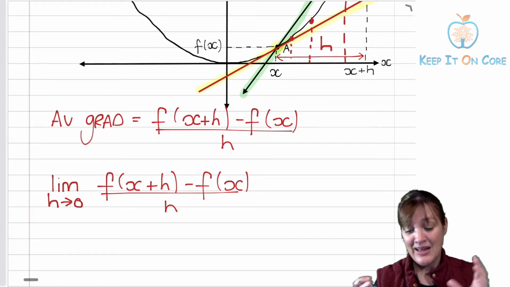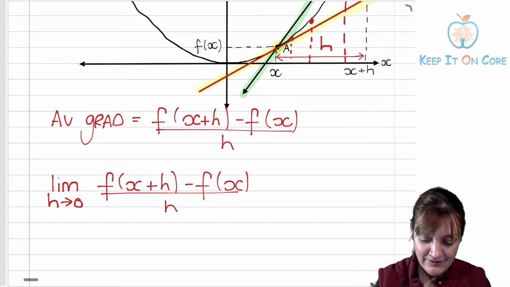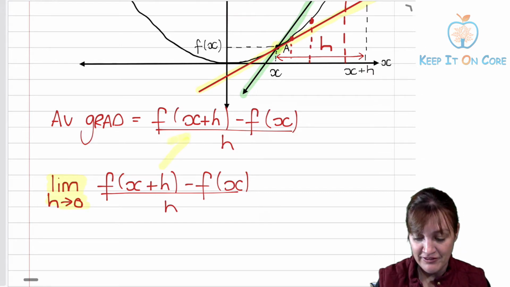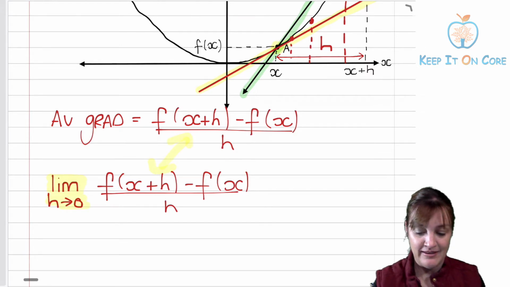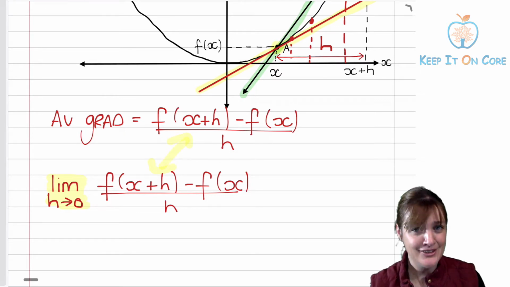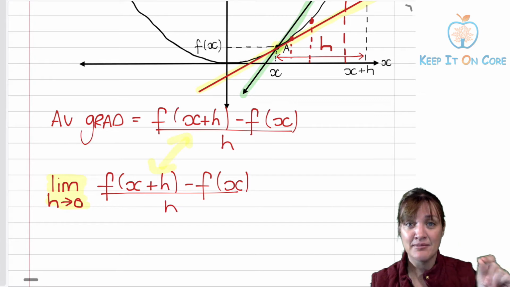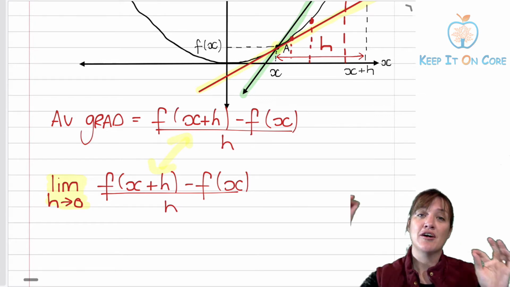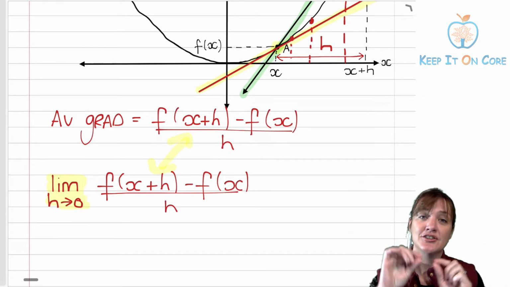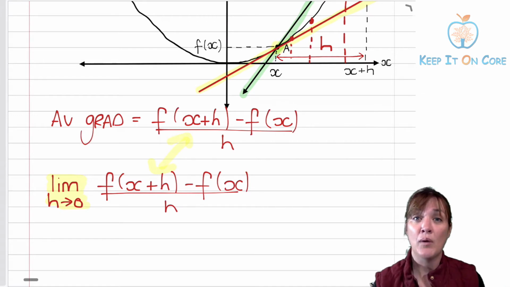All right. Now this limit is a very important concept here, because essentially it's the only difference really between our average gradient and my gradient of a tangent, okay? But it's a very important one, because by adding in that limit as h tends towards 0, we've gone from having two separate points to now working with the gradient at 1 point.